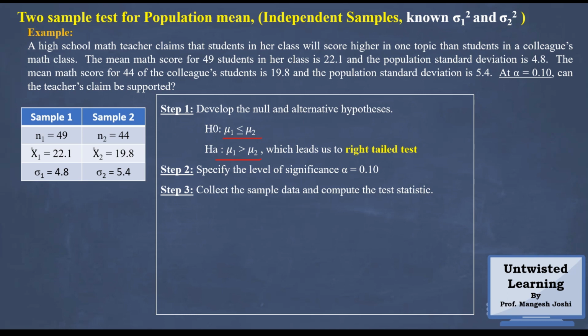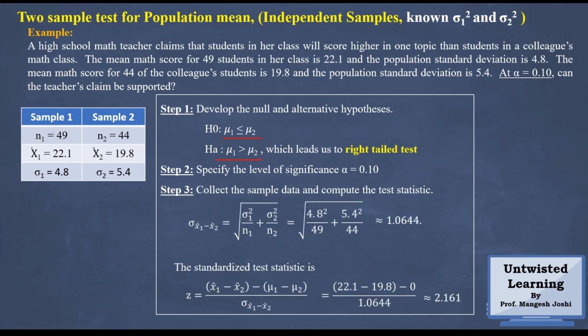Now step 2 is to specify the level of significance alpha, which is given as 0.10. Now collect the sample data and compute the test statistic. Because the sample sizes are greater than 30 and sigma is known, we will use the Z statistic.